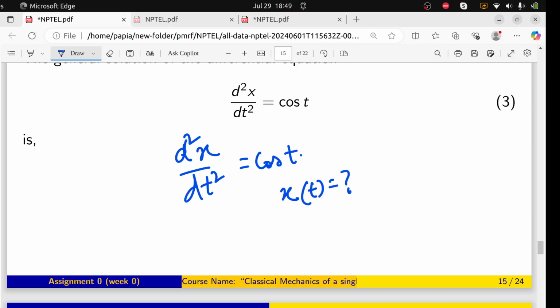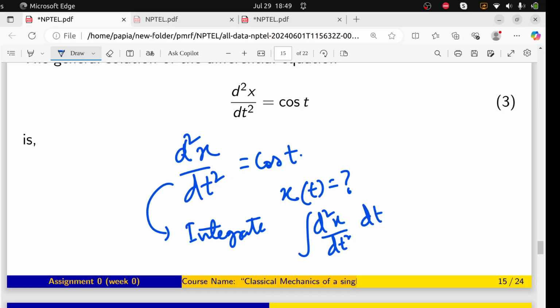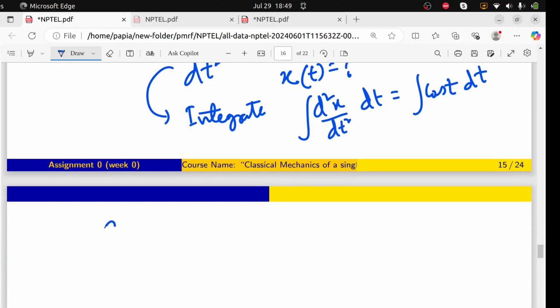As d2x/dt2 equals cos t, first of all I want to integrate once, with respect to dt. Then it will be dx/dt equals sin t plus c1.